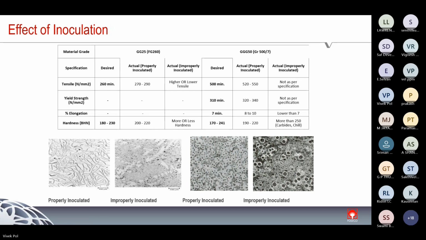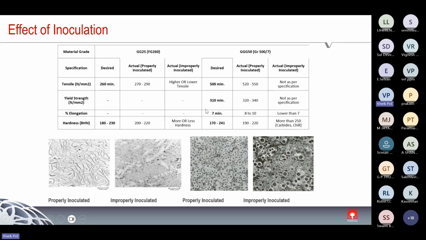We are not getting A type; it is mostly D and E, which are carbides. Same way in the case of HGRN, without proper inoculation, nodule count is also affected very much, and we can see carbides.